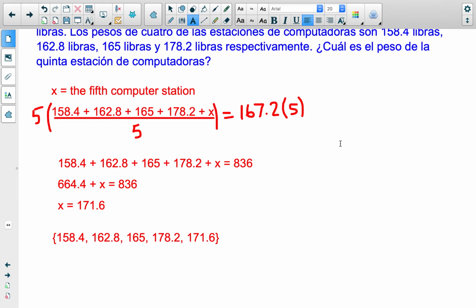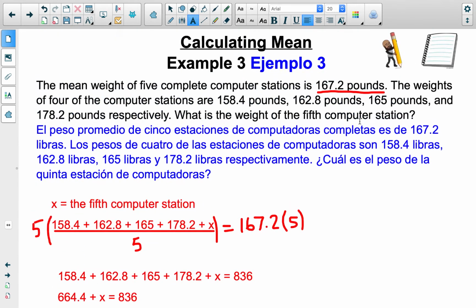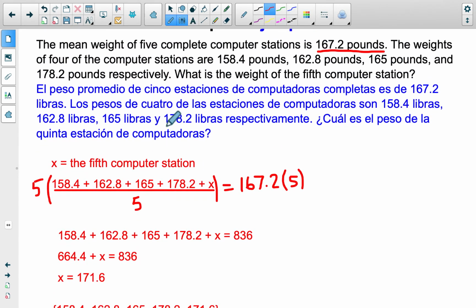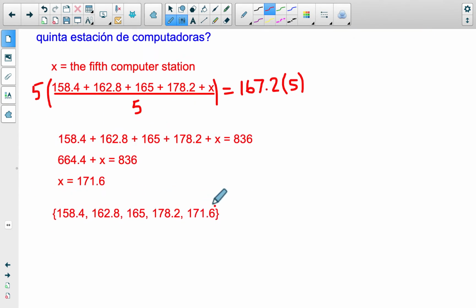So right now, on my calculator, I am adding these values in my data set, and I am dividing by 1, 2, 3, 4, 5. And I indeed get a value of 167.2. So I know this represents our unknown value. This is correct here. Okay?